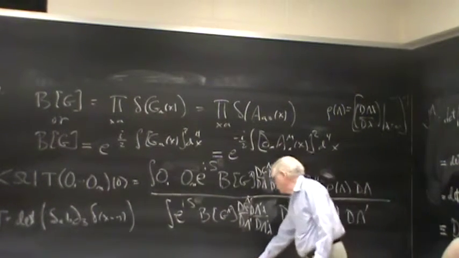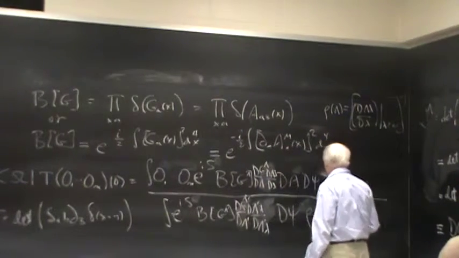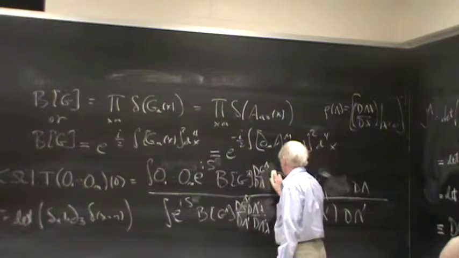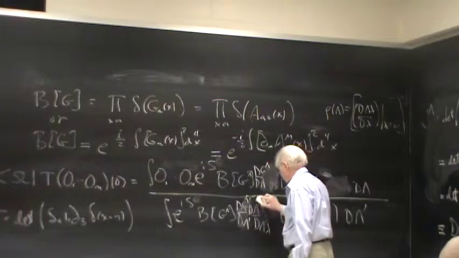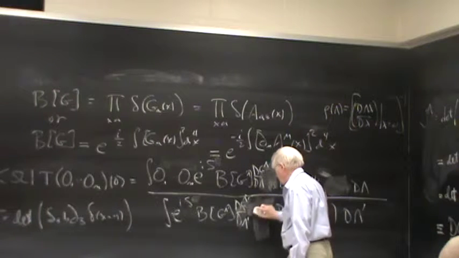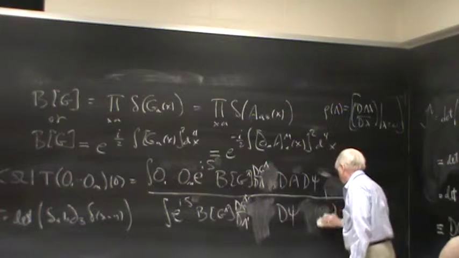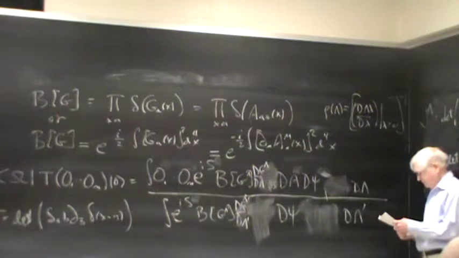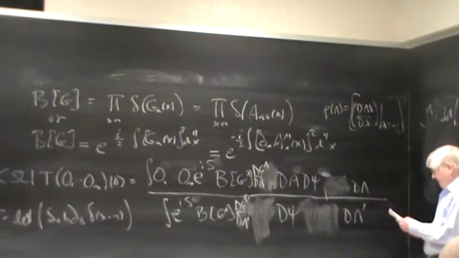Okay. So with that choice of rho, we get rid of this, we get rid of that. We've gotten rid of that and that. Okay. So now that's what we've got.